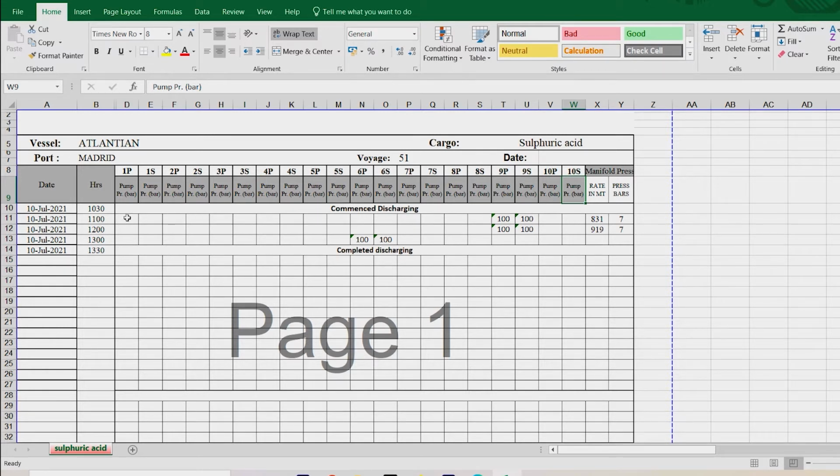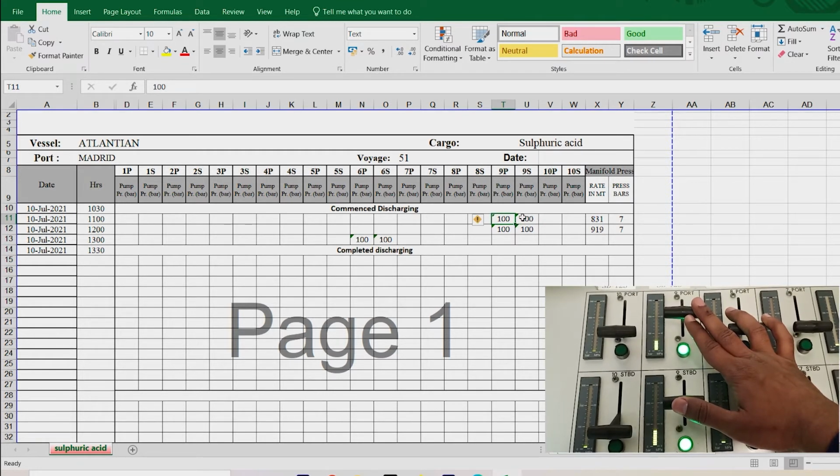Here you would write down the hour, 1100, 1200, 1300, 1400 like this. First we have written 10:30, assuming we have commenced discharging. Now at every hour after that we have to fill this. At 1100, which pumps were running between 10:30 and 11 o'clock? As we were discharging only from 9 wings, we have written 9 wings pump.